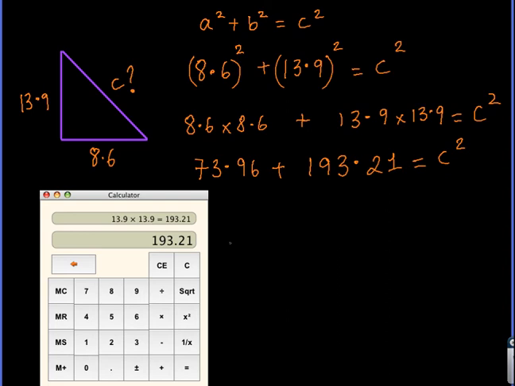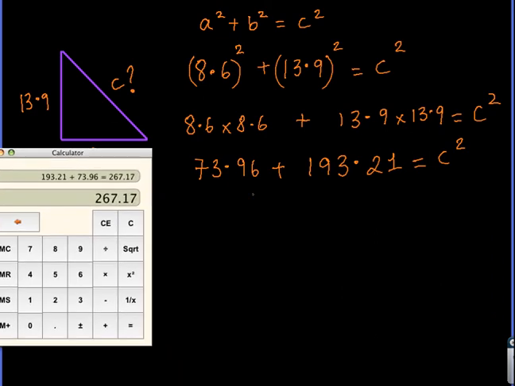So the next step is to add those two numbers together. So I'm going to add them together, 193.21 plus 73.96. That gives me a total of 267.17, which is equal to c squared. And now finally, I'm going to take the square root on both sides.